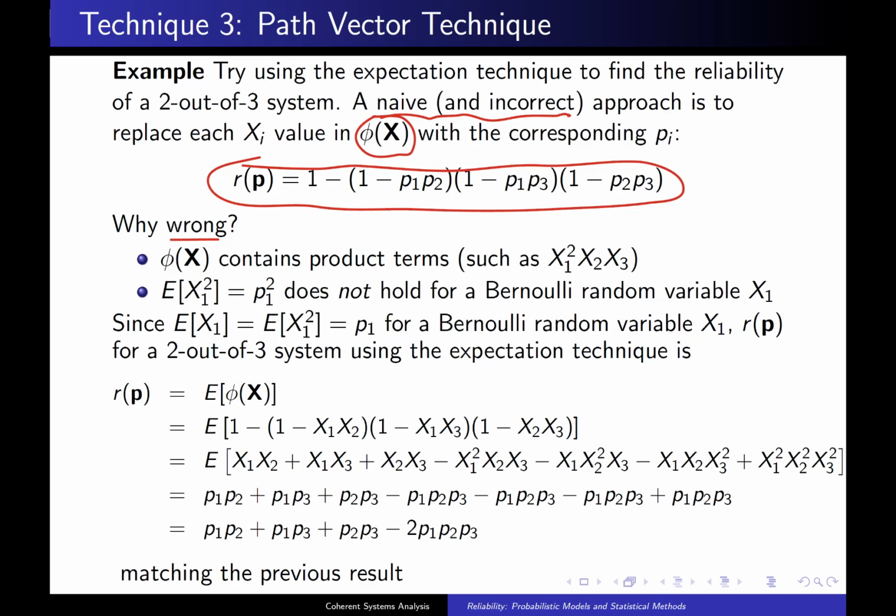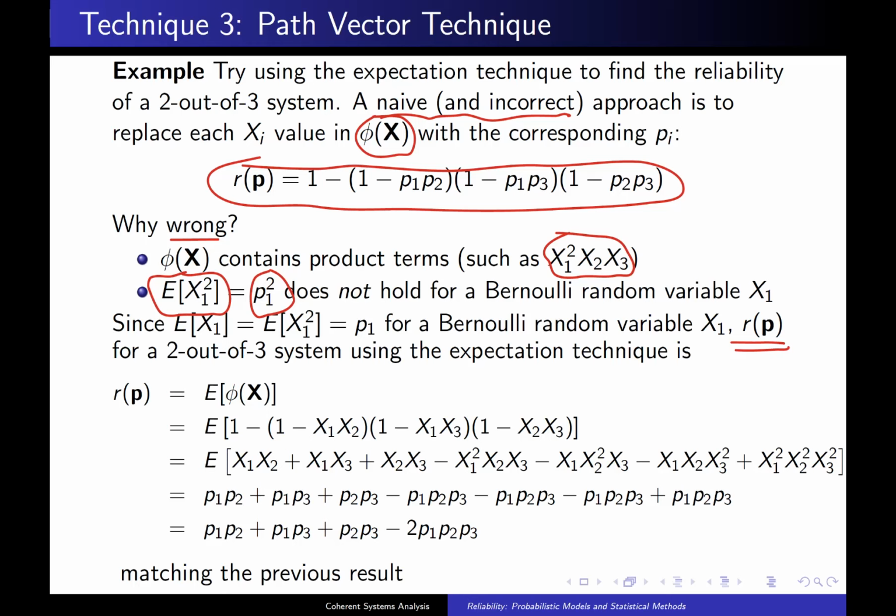It turns out that phi of x contains product terms in it, such as this, which means you're going to be calculating the expected value of x1 squared if you are using the expectation technique, and that is not equal to p1 squared for a Bernoulli random variable x1. So because of that, R of P will not be correct using the naive approach.